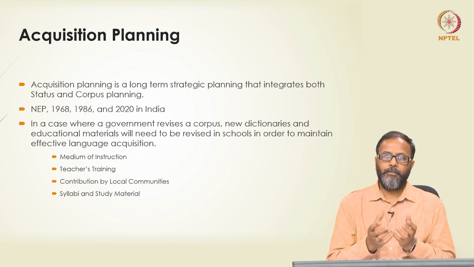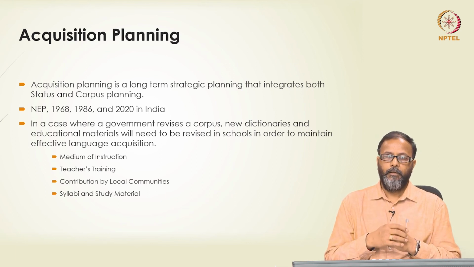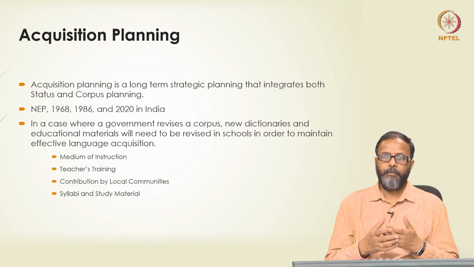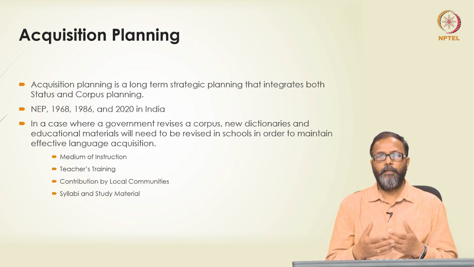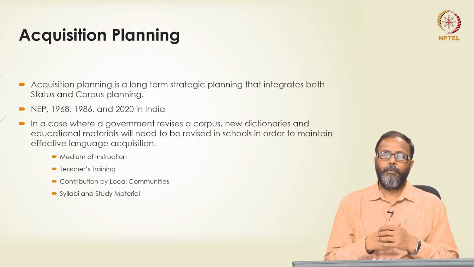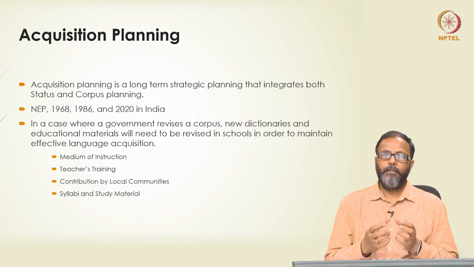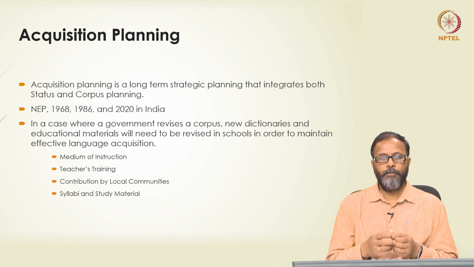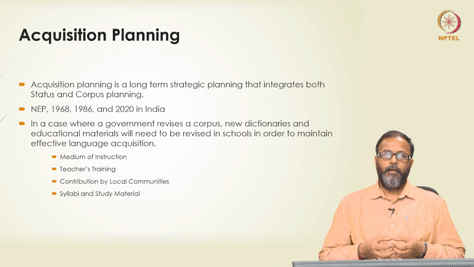Then standardization, right? It goes through the process of codification, right? And then finally acceptability by a wider variety of users. And the third process is called modernization, where in order to suit the purpose in various extended domains, language needs to be enriched and modified.